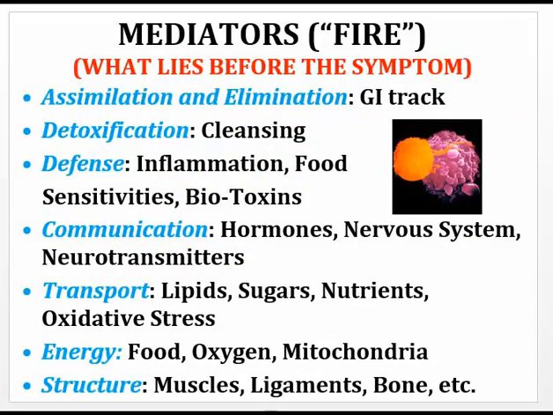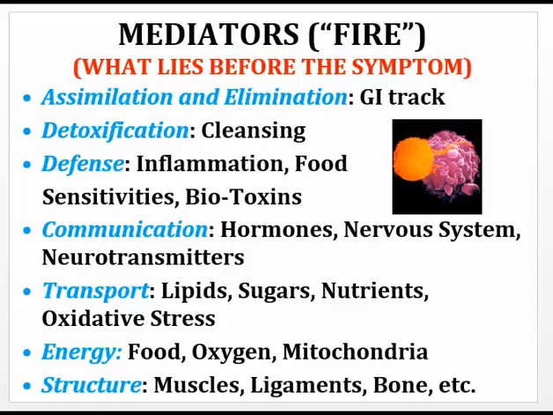So the mediators, some of the ones that functional medicine looks at, they break down into these areas: assimilation and elimination, which is really the organs of elimination and the gastrointestinal tract; detox systems; defense, which would include inflammation and food sensitivities, and biotoxins, or toxins that are alive like viruses and bacteria; the communication systems of the human body, hormones, the nervous system, the neurotransmitters that are produced.